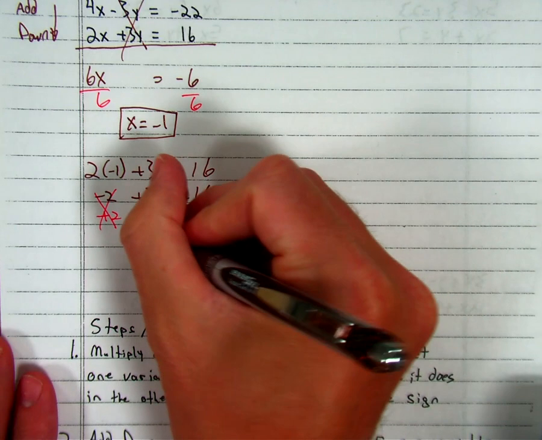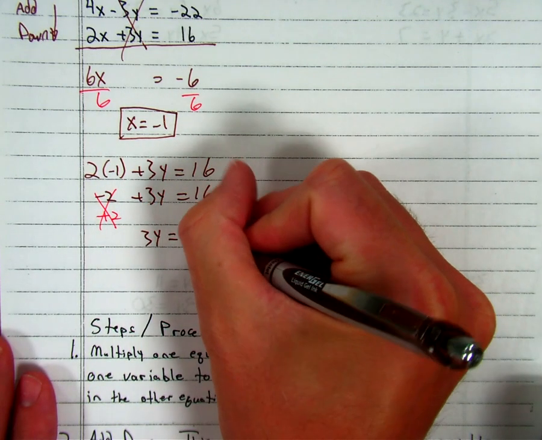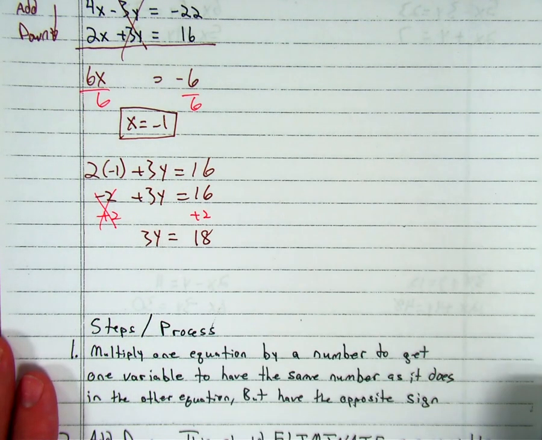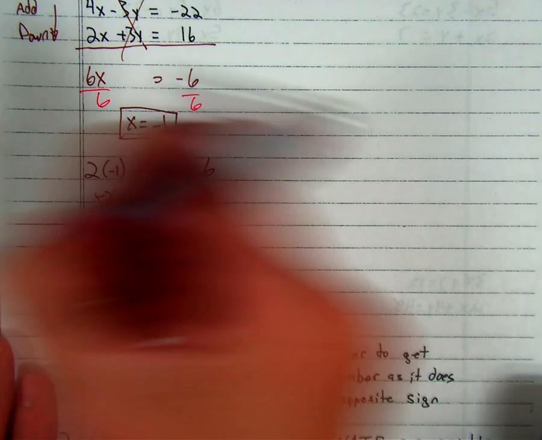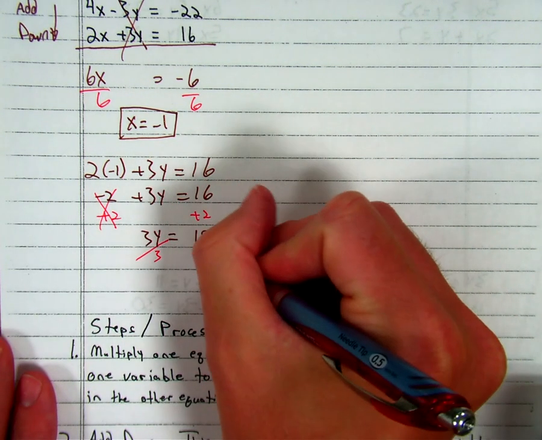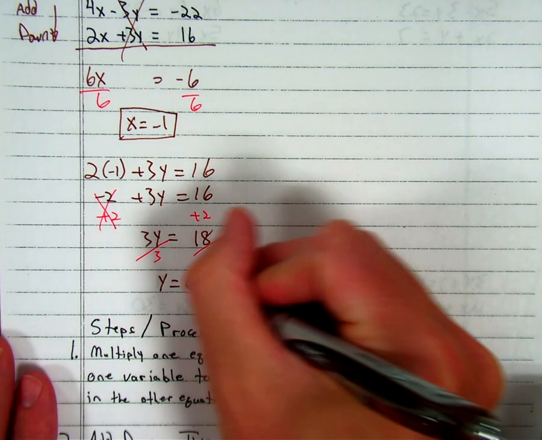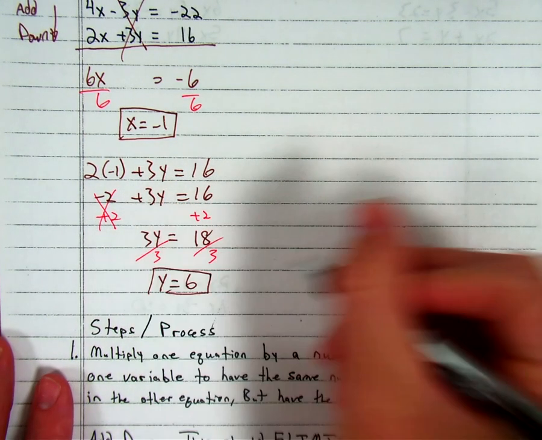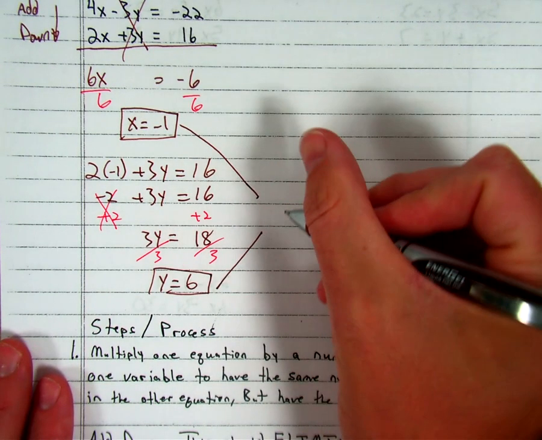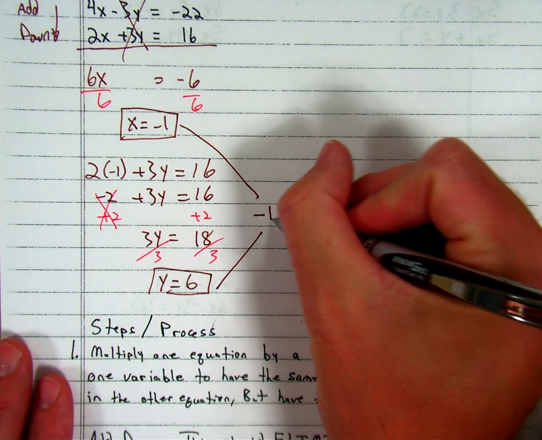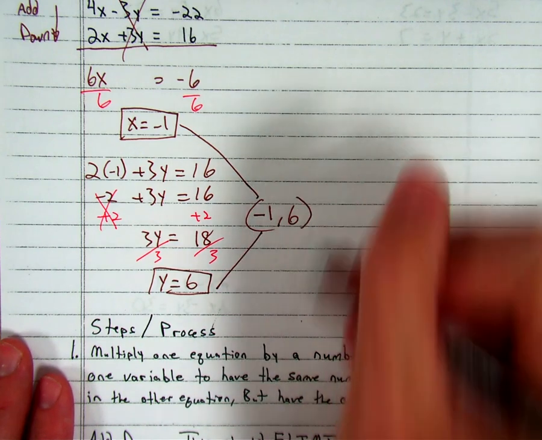And we'll have 3y equals 18. Divide by 3. Y equals 6. Put them both together for our coordinate point, negative 1, 6.